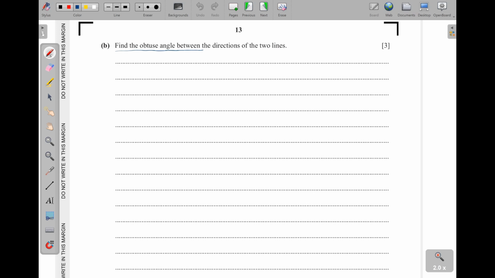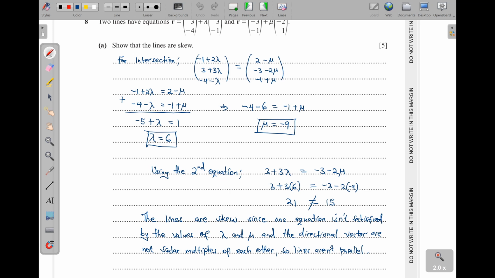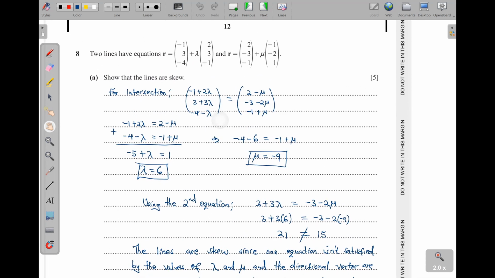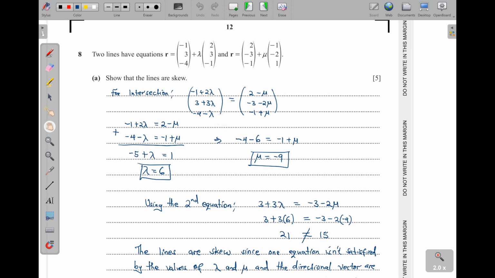Part B, find the obtuse angle between the directions of the two lines. Now the directional vector for the first one is here, is 2, 3, -1, then the other one is -1, -2, 1.